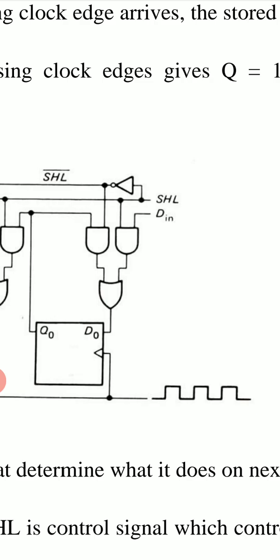When the SHL control signal, shift left control signal, is 0, then this right AND gate will be disabled. It will not work. And when SHL becomes 1, then it works and it will transmit this D in through the OR gate to D0, and D0 becomes D in when SHL is 1.